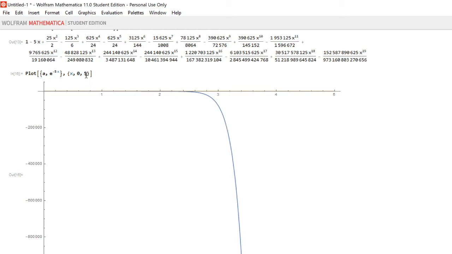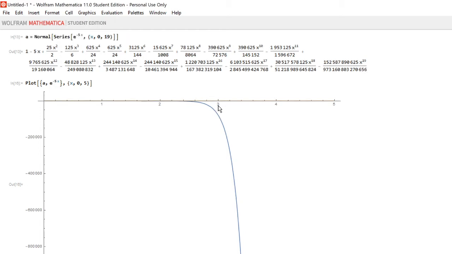So if that's what we're trying to approximate, to get negative 15 up there, that's when x is 3. Well, look how far off we are. So that's telling us we need more terms in order to get a better fit.